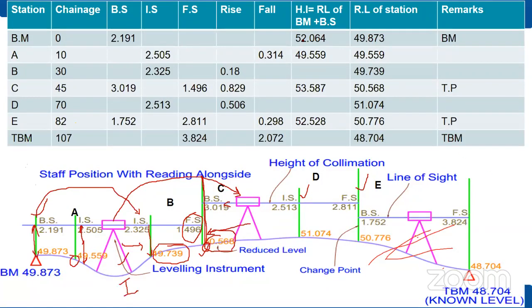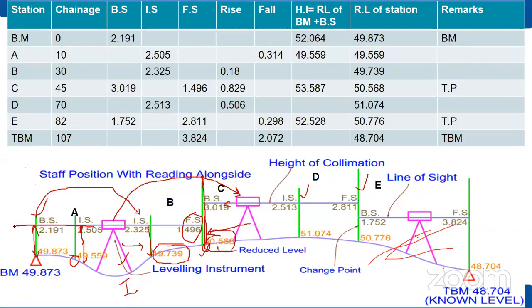Then you have two methods over here. One is the height of the instrument method. The other one is the rise and fall method. In the height of the instrument method, I take the RL of the benchmark plus backside, which gives the height of the instrument. See here, to calculate the height of the instrument, RL of the benchmark is already given, 49.873, plus backside, 2.191.